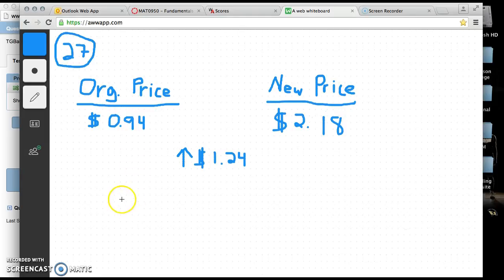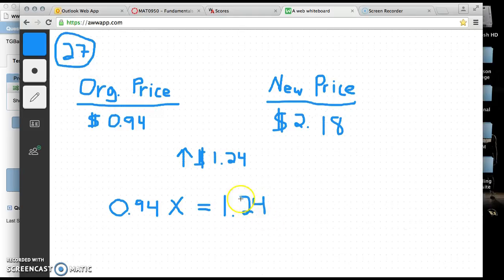A good way of thinking about it is this. If we take 0.94 and we multiply it by some numerical value representing a percent, then that would be equal to our increase, which is 1.24. So basically we're asking what do you have to multiply 0.94 by in order to get this increase?